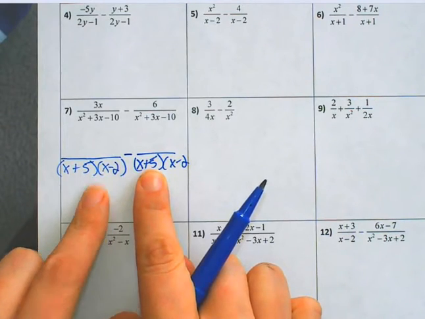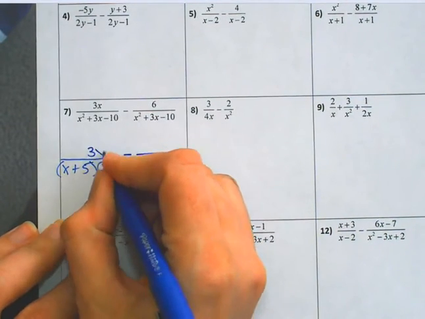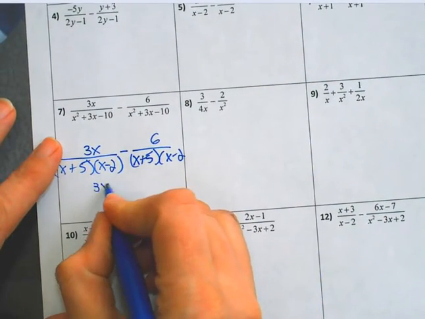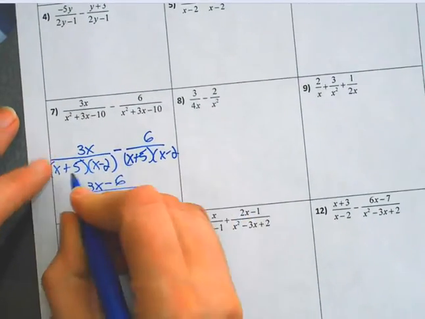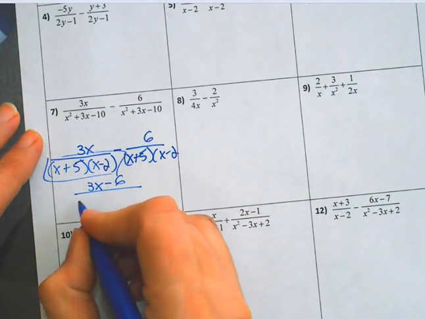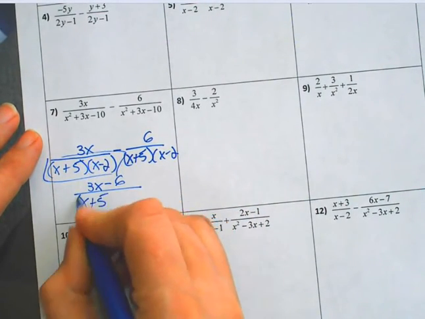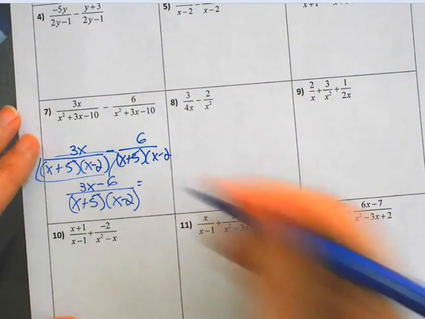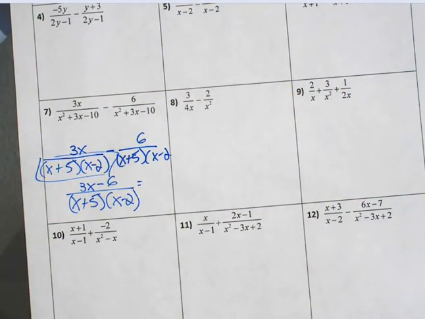All right, so then the next thing is I still have my 3x on the bottom and my 6. I can combine this, 3x minus 6, but remember, we're just going to take that common denominator, x plus 5, x minus 2. Now you want to check to see if anything can be simplified or factored further.